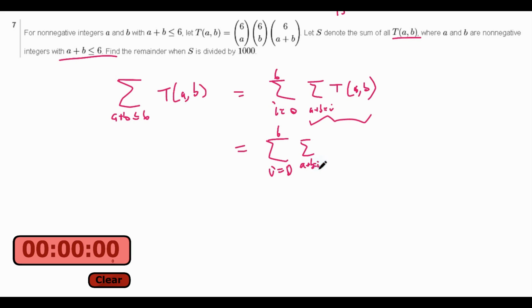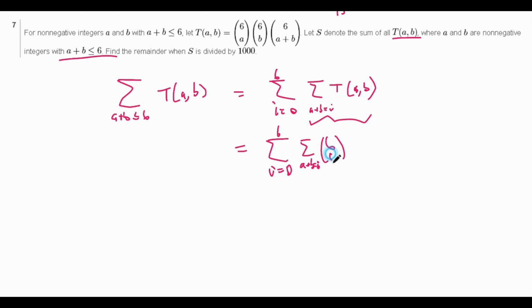Maybe you heard the timer just go off, but I already started, so let's just finish this up. So this is 6 choose a times 6 choose b times 6 choose a plus b. Oh, look, we have a plus b equals i here, and then this is 6 choose a plus b, so we can just substitute i in for this.